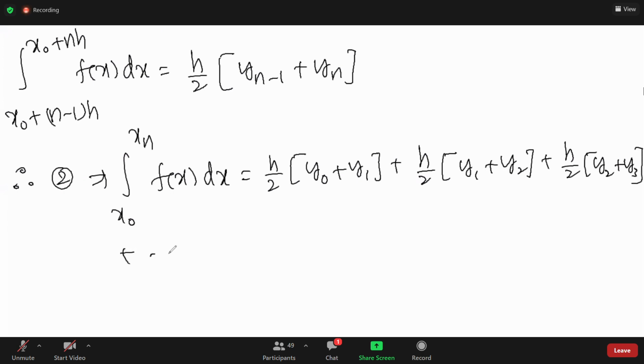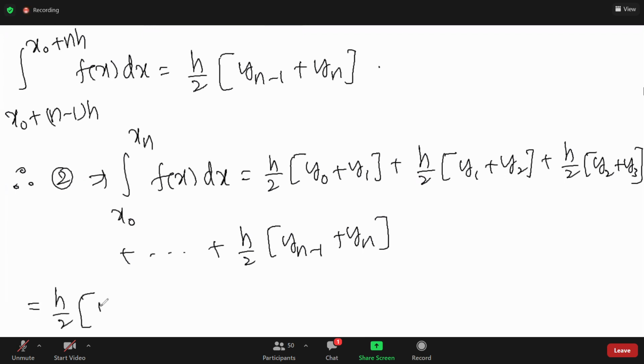The last one is h by 2 into yn minus 1 plus yn. The term before this last term is h by 2 into yn minus 2 plus yn minus 1.